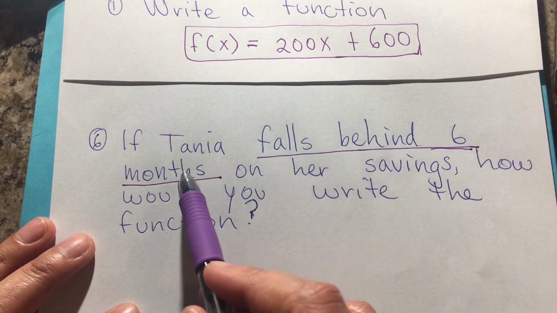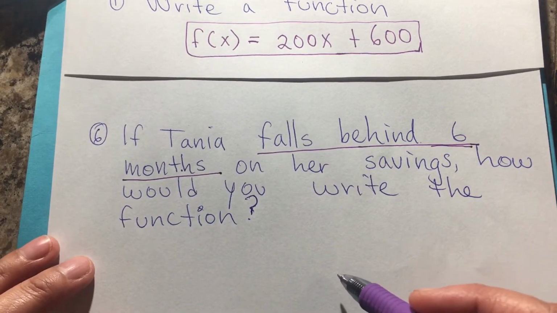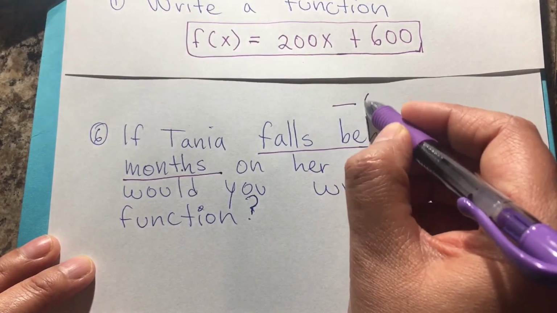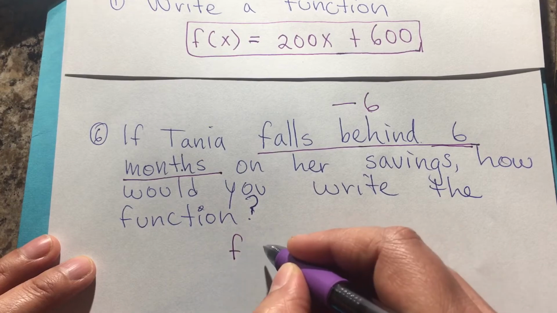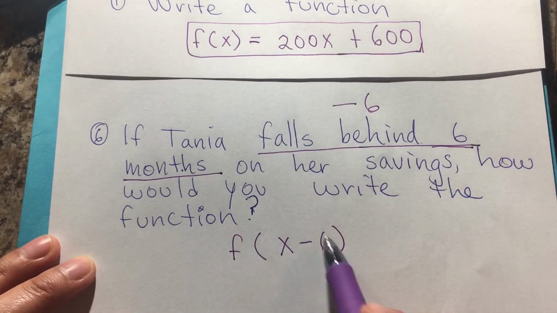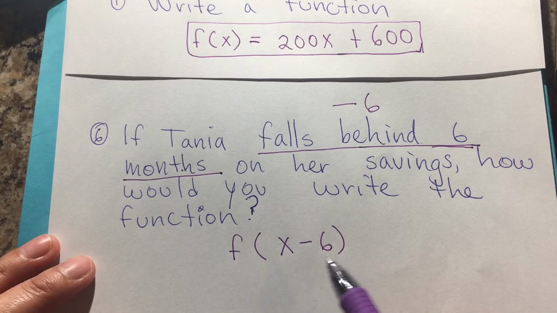If it's in reference to the months, then again it's going to be inside of the parentheses. Falling behind es atrasarse. Atrasarse 6 meses. So it's going to be f of x minus 6. She falls behind 6 months.